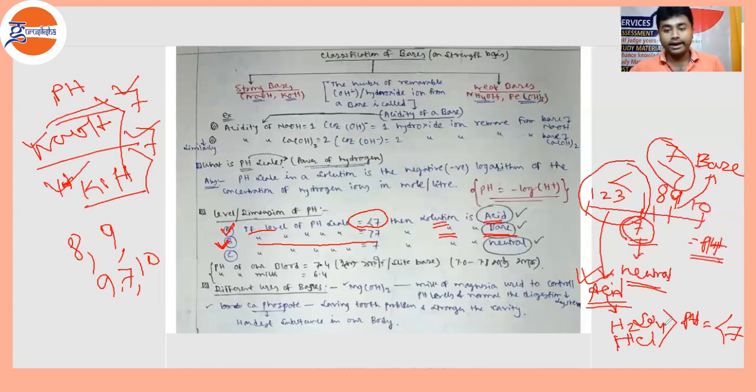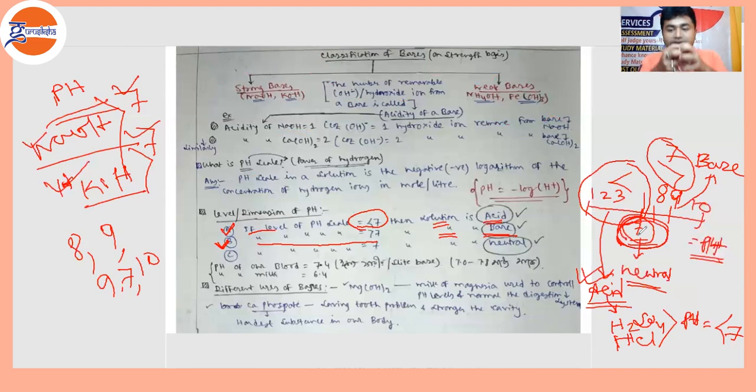And the point 7: if a solution has a pH value of 7, then we cannot say that it is a base, and we cannot say that it is an acid.